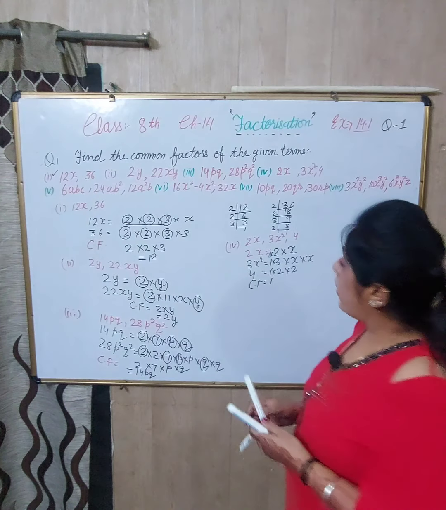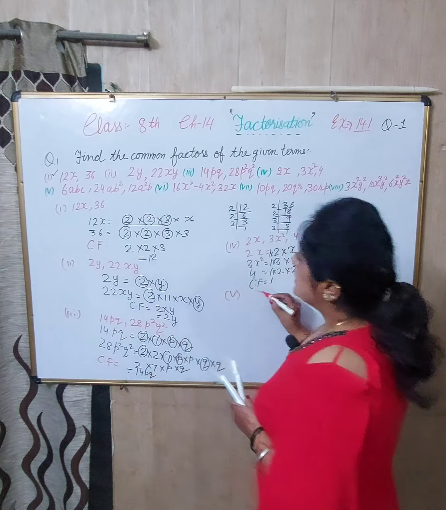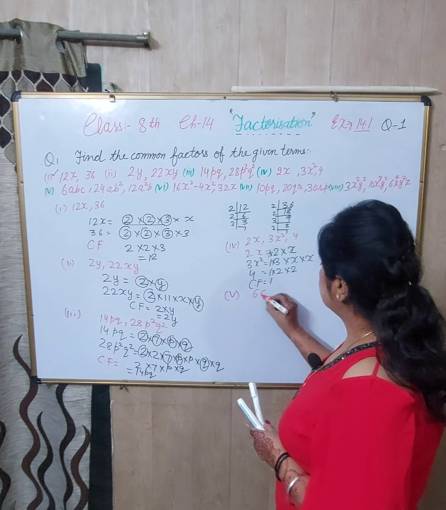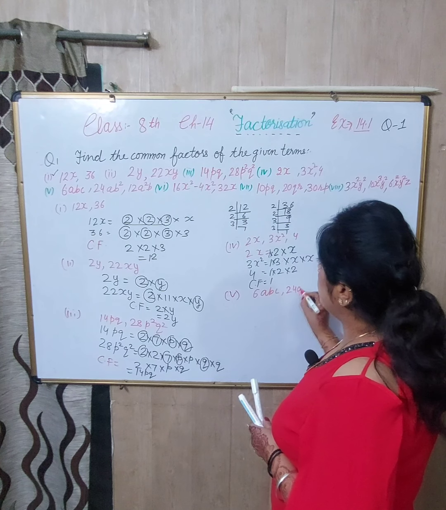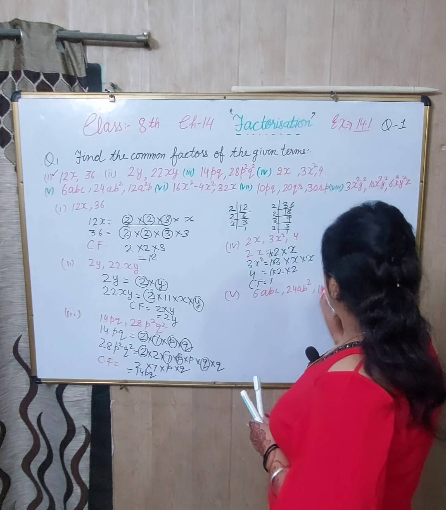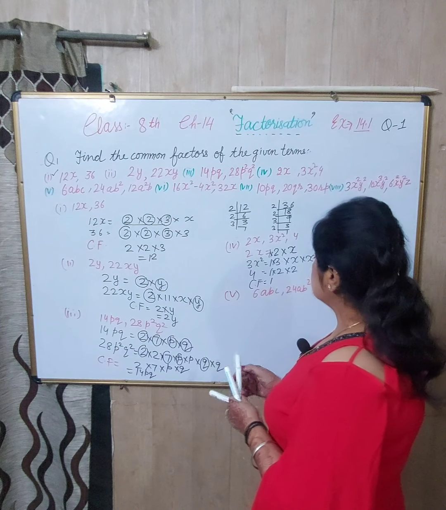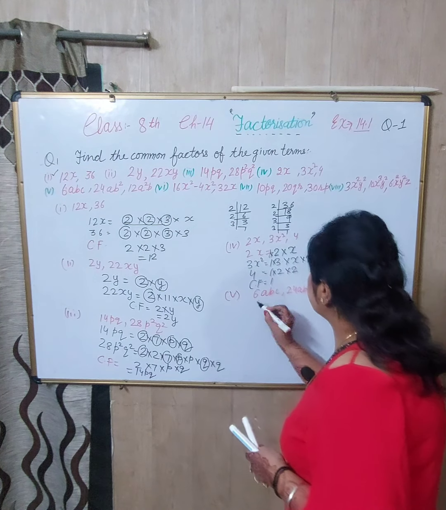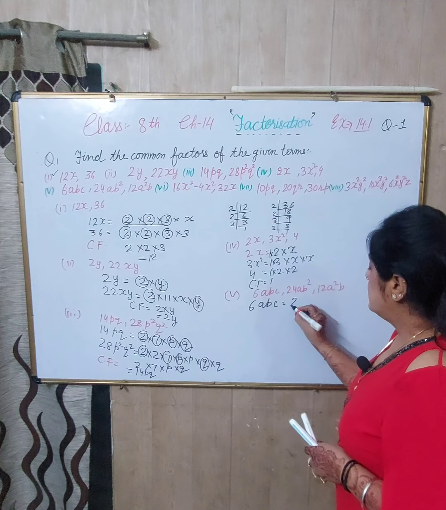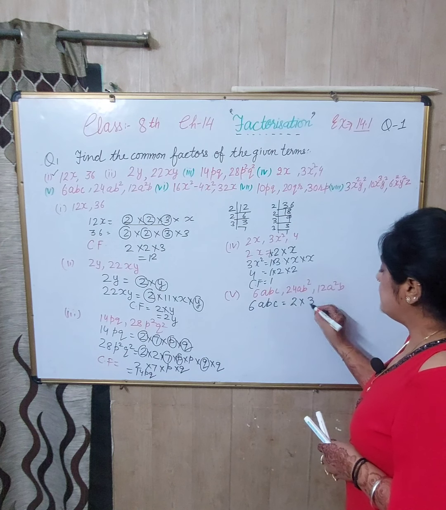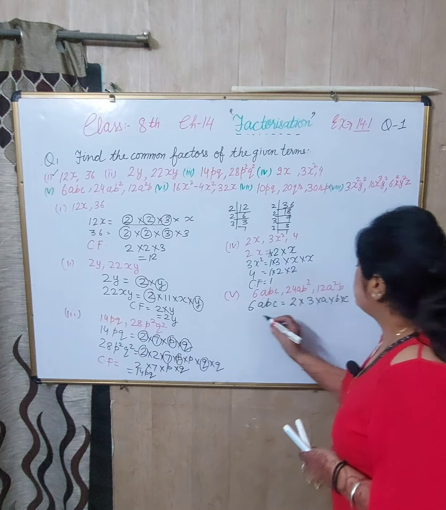Clear? Now next part, part number 5: 6abc, 24ab square and 12a square b. 6abc factors are 2 multiply 3 multiply a, b and c.